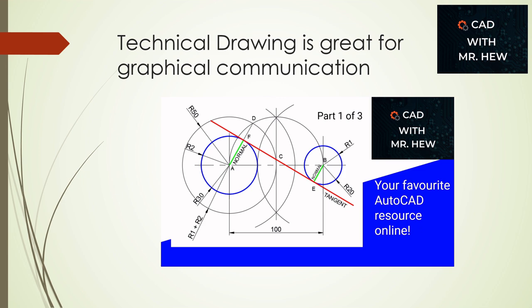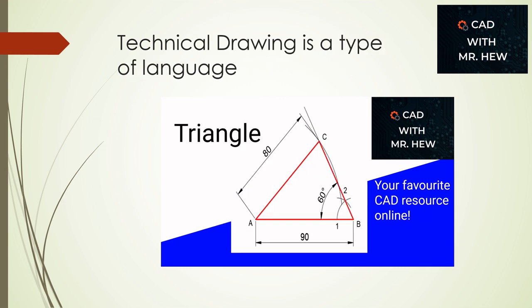We're now looking at technical drawing as a type of language. You can think of technical drawing as a language that can store and send information. The written word enables us to document our thoughts that we are speaking about, and this requires more effort since the act of writing a document requires you to think better about what you would like to say.